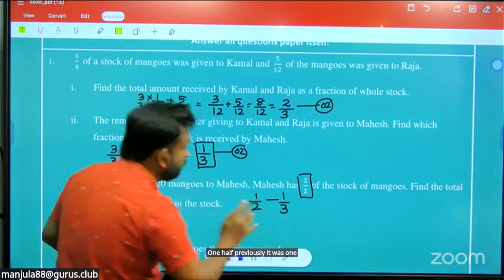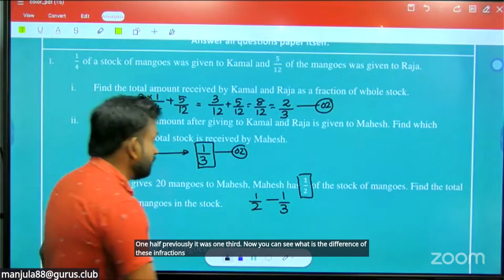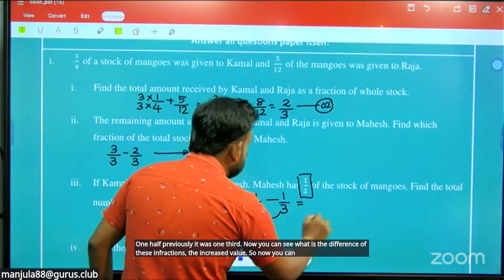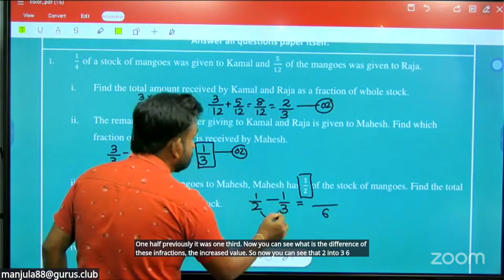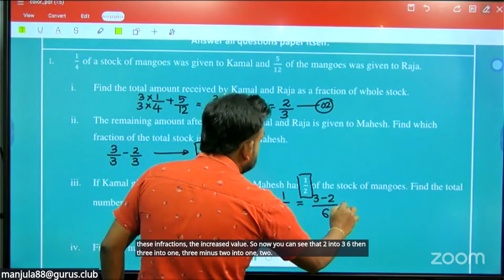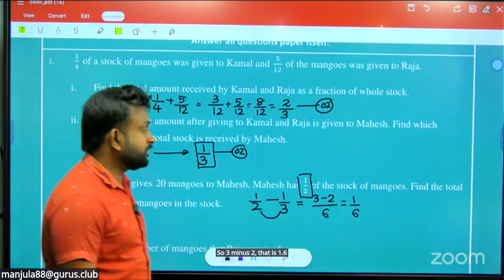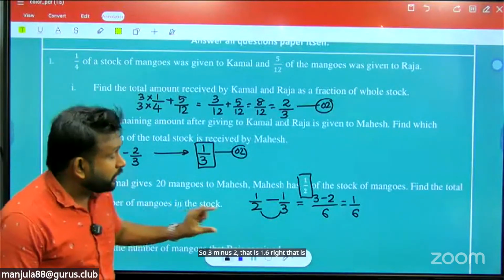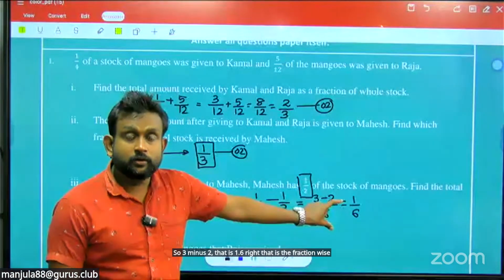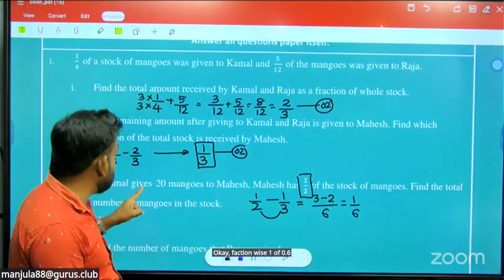Now you can see the difference of these fractions, the increased value. So 2 into 3, 6, right? Then 3 into 1, 3, minus 2 into 1, 2. So 3 minus 2, that is 1 upon 6, right? That is fraction wise 1 upon 6. Okay, fraction wise 1 upon 6 increment due to these 20 mangoes.